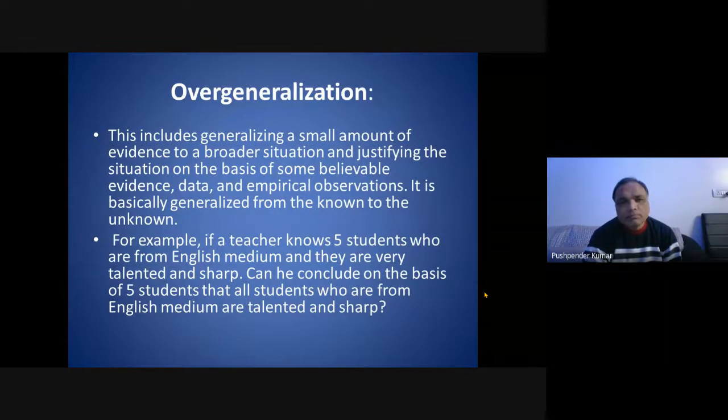Right? With a small amount of evidence, a small empirical study, small data, you can't generalize, because it would be unknown to the unknown. So this is overgeneralization. In the halo effect it was your assumption, but here it is on the basis of some evidence.